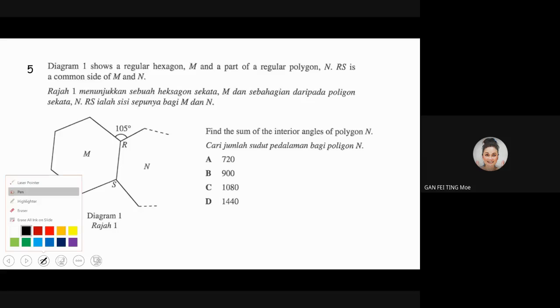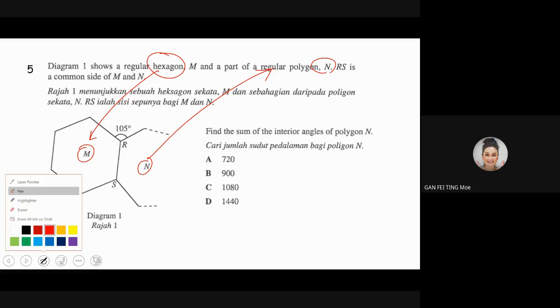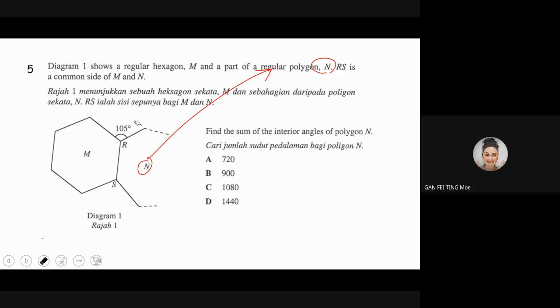And the other is a regular polygon, N. So M is the hexagon, and N is a regular polygon. They never tell you how many sides it has. So then you have to start doing your work.